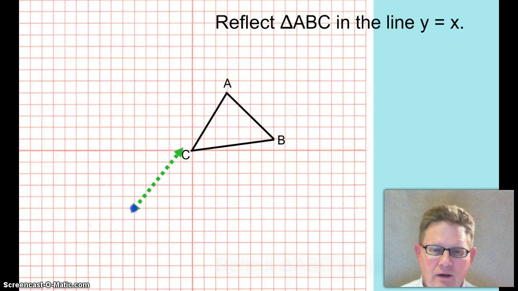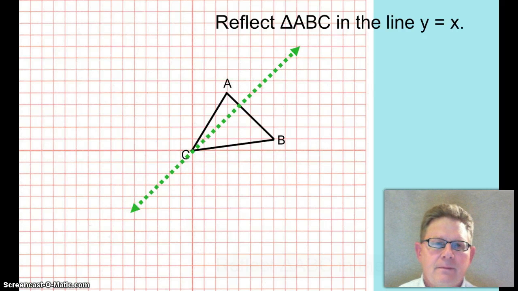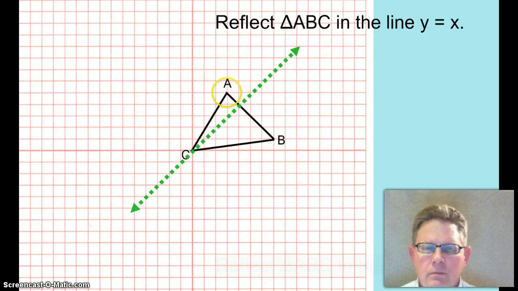Okay, that line would be something like that. So A is 1 diagonal away perpendicularly, so A prime is right there.